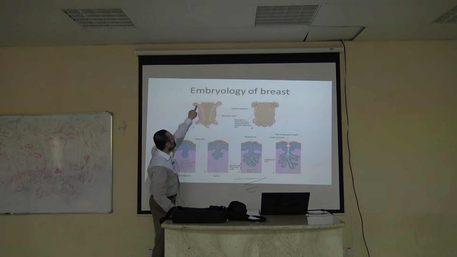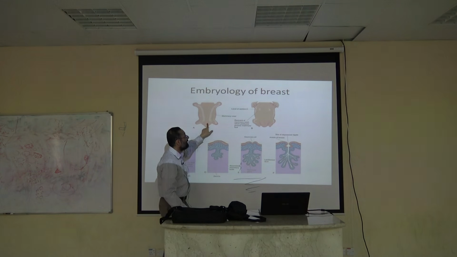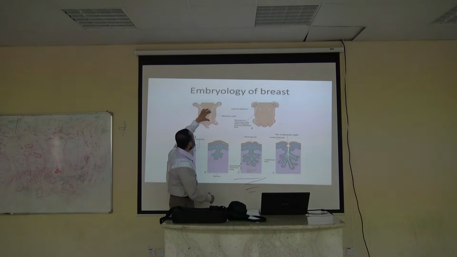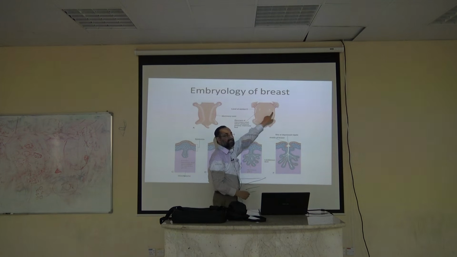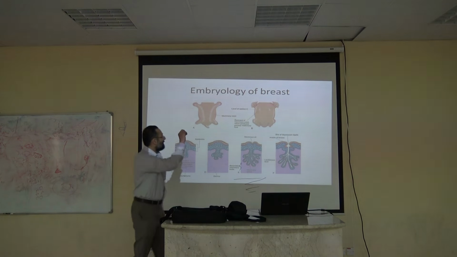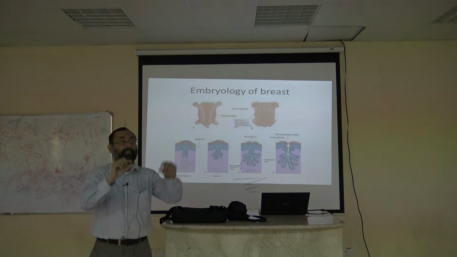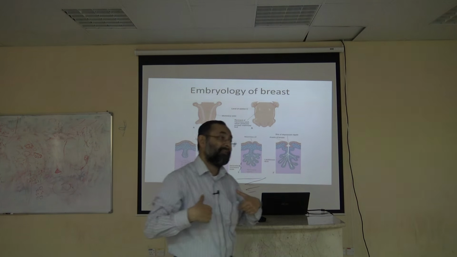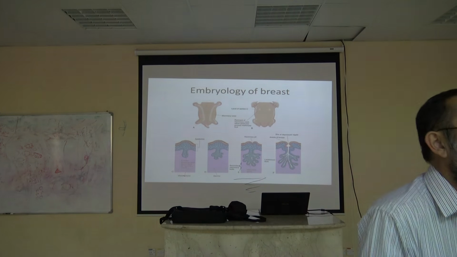You see that the streaks or the milk lines develop on the embryo. The whole milk line develops, and later this line regresses. It becomes smaller and smaller, and you will have two little areas left here in the form of the remnants or the mammary buds. Milk streaks will be converted into little buds in the thoracic region, in both the male embryo and the female embryo.